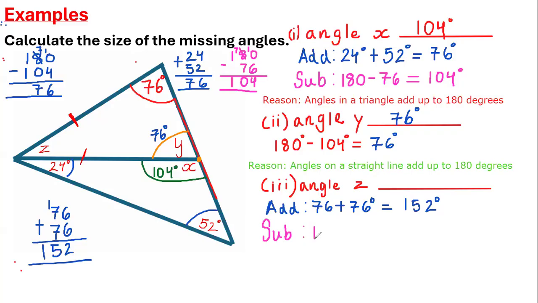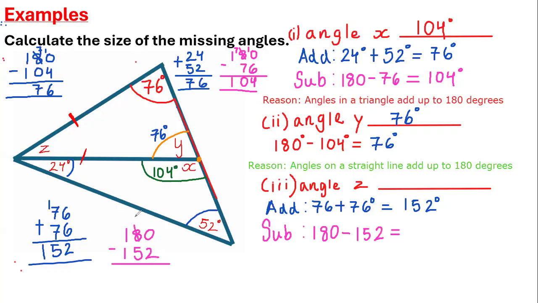Subtract is going to be what? 180 degrees minus 152. Zero minus 2, we can't really do.